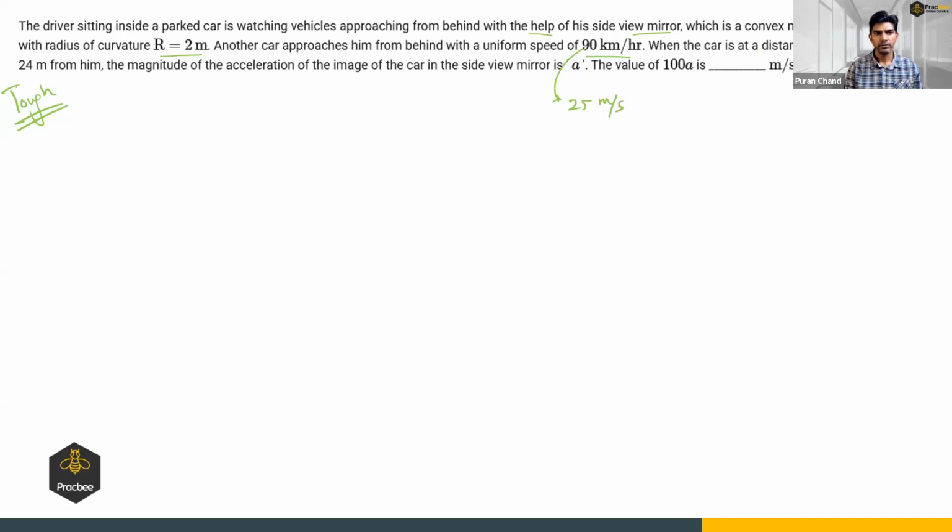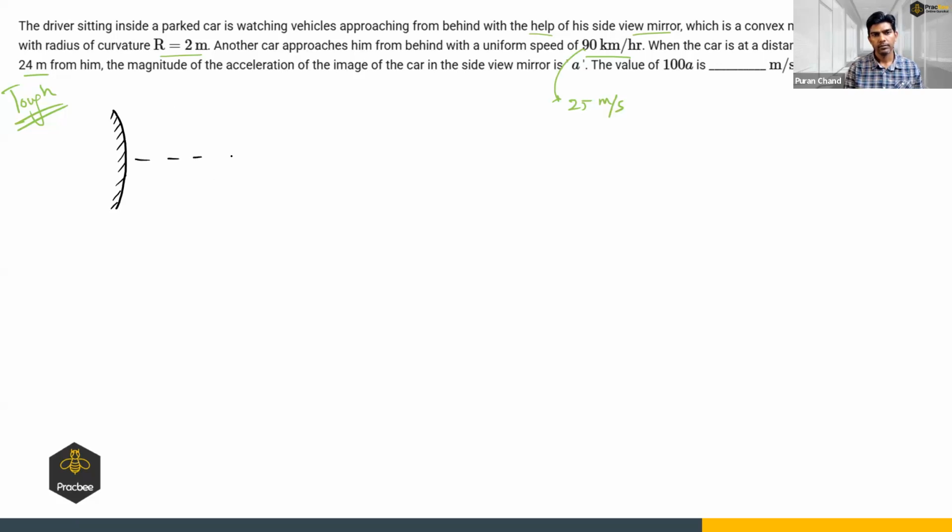When the car is at a distance of 24 meter from him, what is the magnitude of the acceleration of the image of the car in the side view mirror? So here we have to find the acceleration of the image, right? Let us see. Side view mirrors are concave mirrors. Sorry, convex mirrors, right?